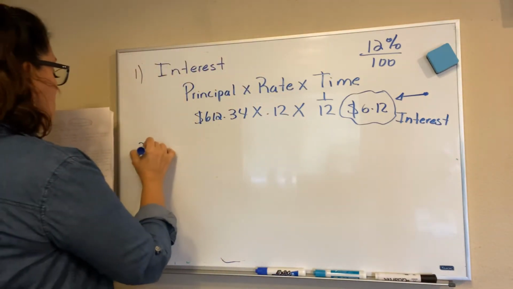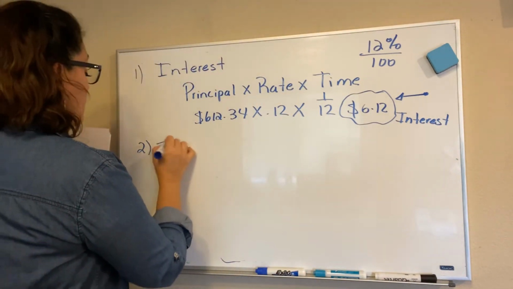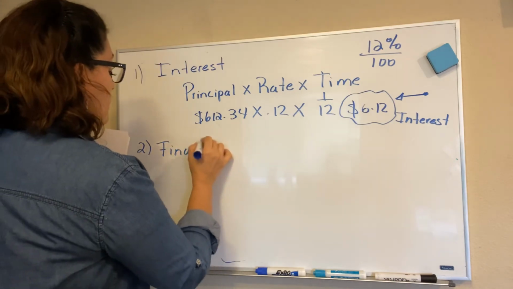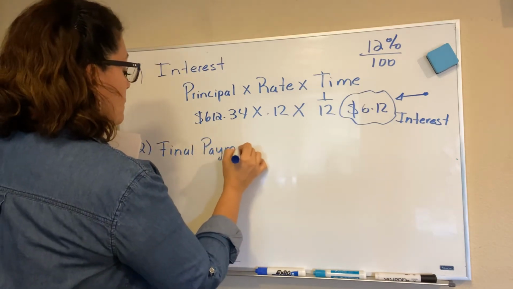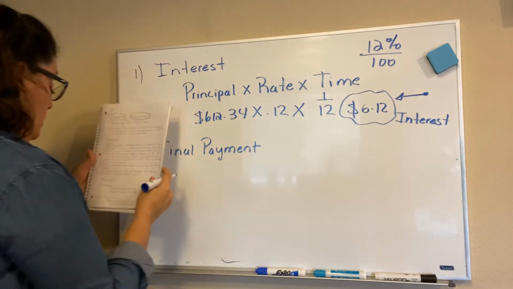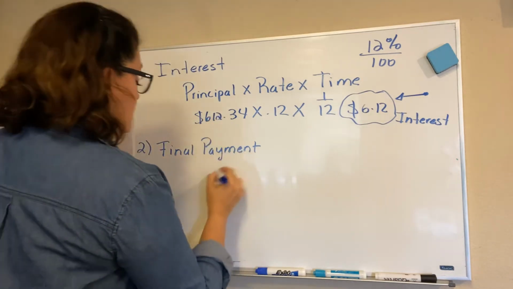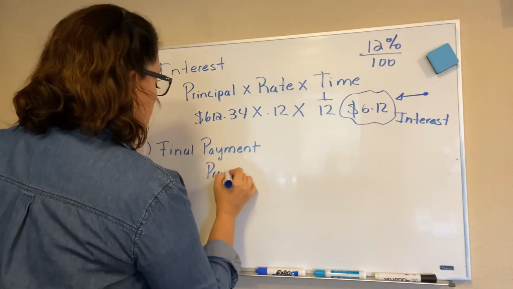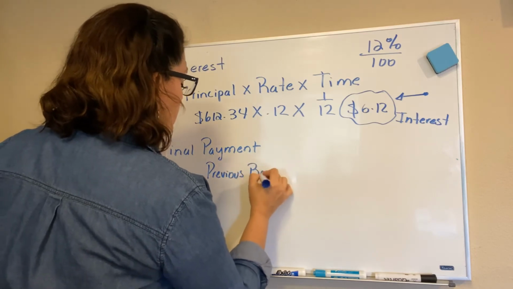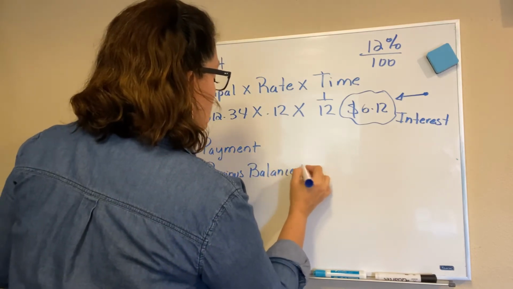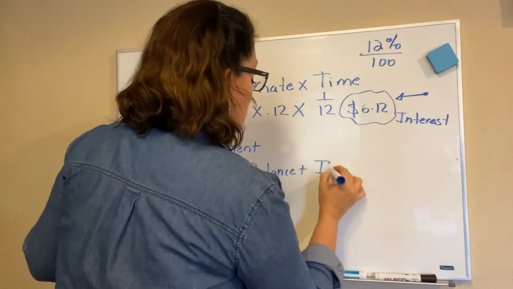So number 2 is going to be the final payment. And what is the final payment, guys? It is the previous balance plus the interest.